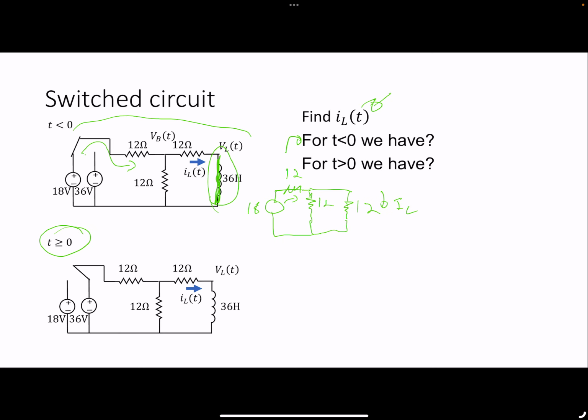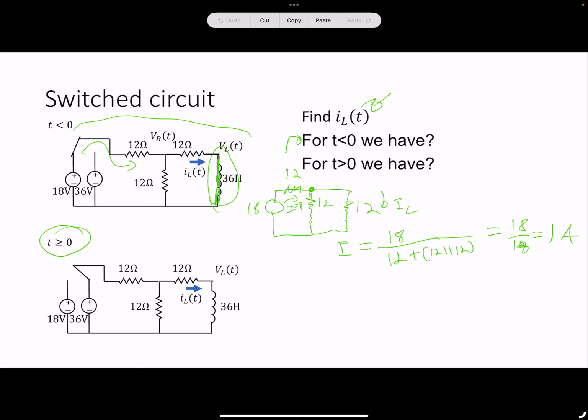So we know that the current coming out of here is going to be 18 divided by 12 plus 12 in parallel with 12, right? That's the current being pulled out. So basically the voltage divided by the total resistance. So that's going to give me 18 over 18, which is equal to 1 amp.